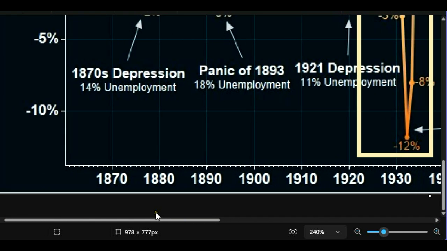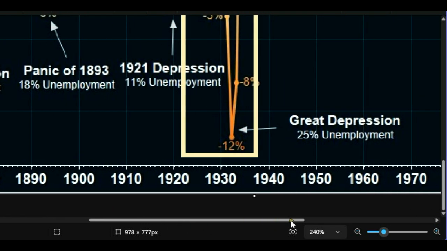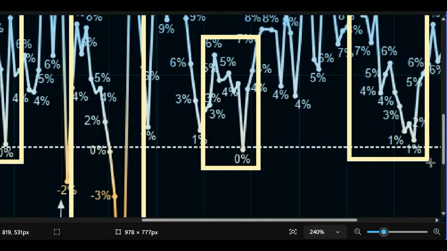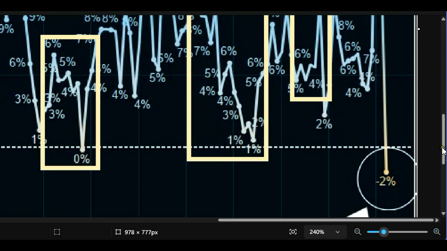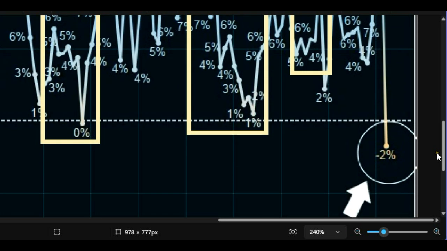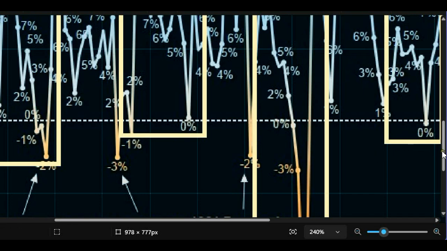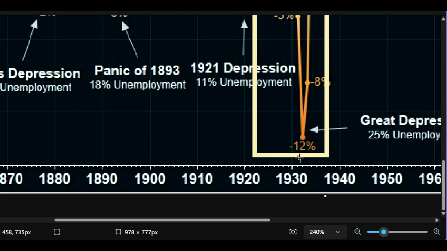But to say that this fractal here currently, okay, at the bottom, right here, we went down 2%, and we're going to go down because we went down 2%, we went down negative 12%. We'll have to maybe wait a decade for that to happen.